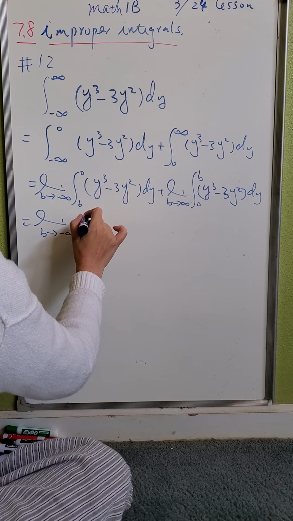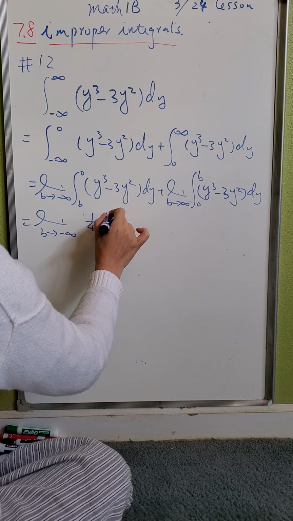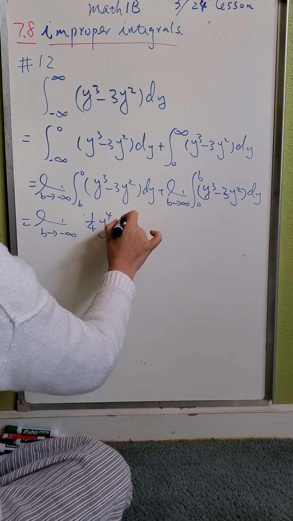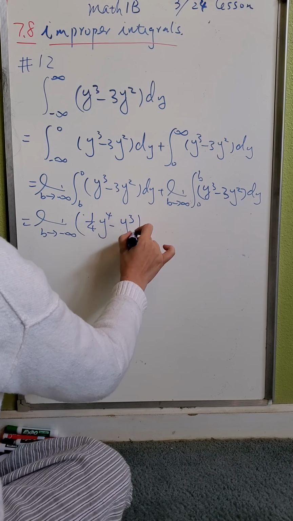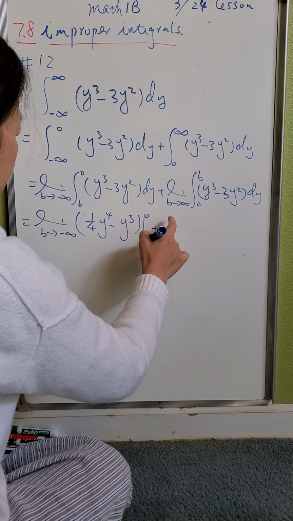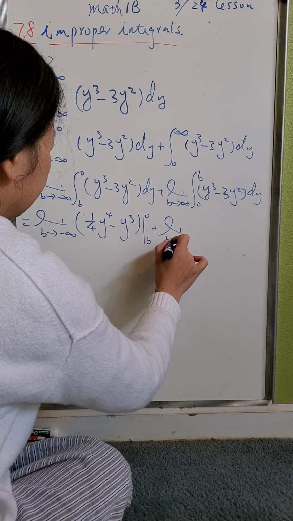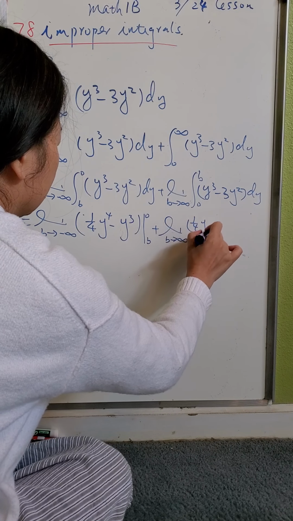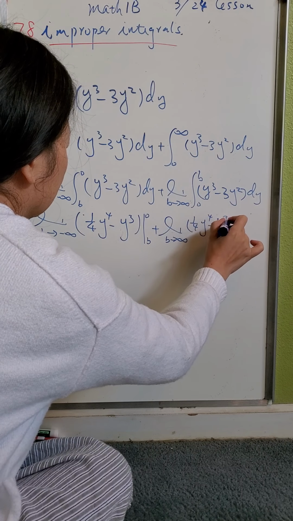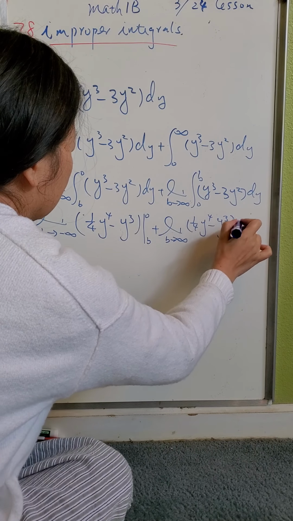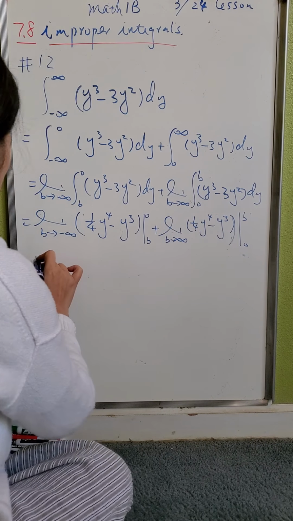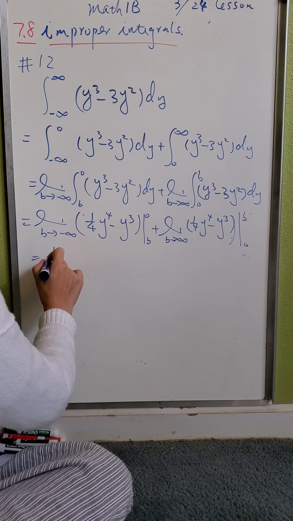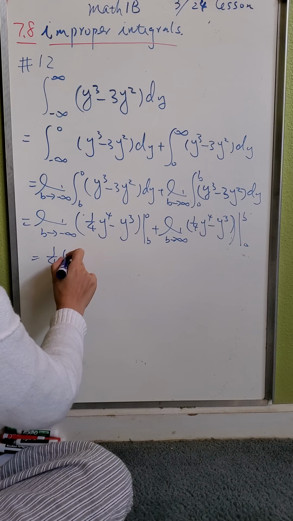Integrate this one: it is 1/4 y to the 4th minus y cubed, from b to 0, and this is the same thing with the same integral from 0 to b. Now put the negative b inside, negative infinity, so that becomes positive infinity.